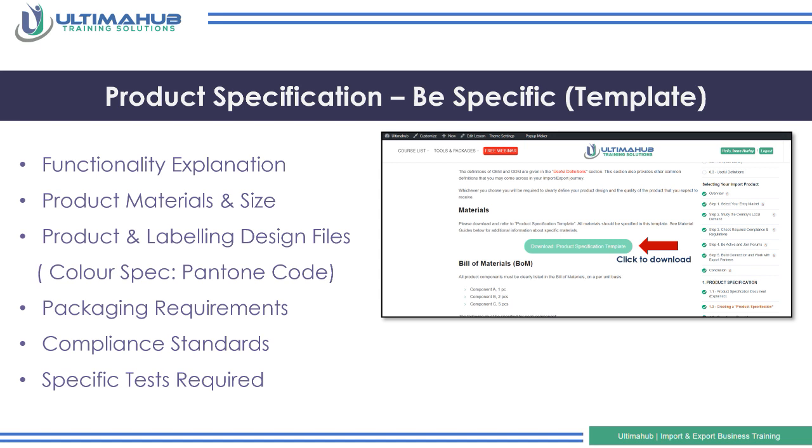You need to let the supplier know which tests they will need to conform to when making the product. So you let them know beforehand, before they start making a product using X, Y, and Z. You want to say, look, this test is going to be carried out. This product that we're making has to conform to these standards, and all of this needs to go on the product specification document.